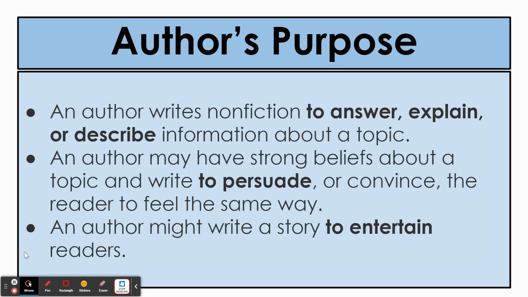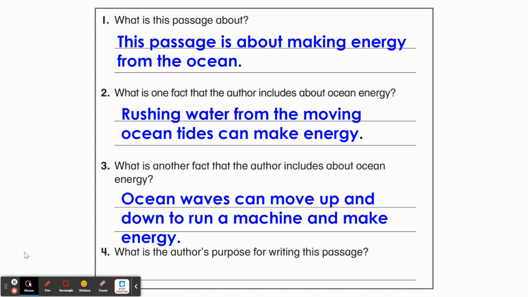Or did the author write this story to entertain us and make us laugh? Think about what is the author's purpose for writing this passage. When you found your answer, write it down on the line and remember to take a picture of your finished work and add it to the slideshow.